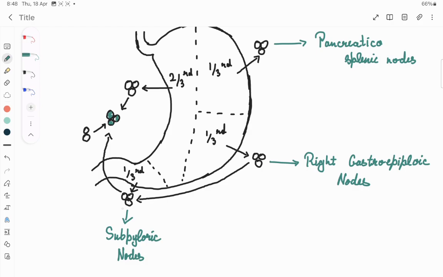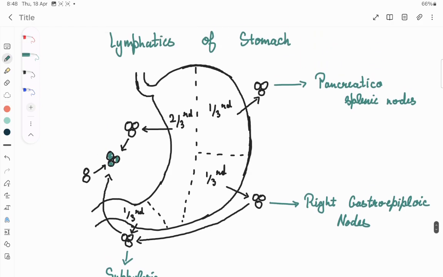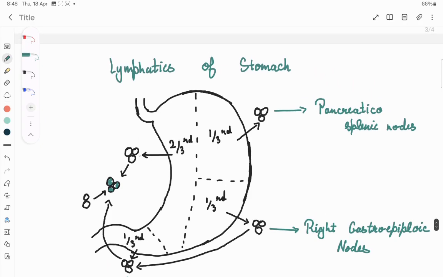They are present between the second and third part of the duodenum. And we have the left gastric nodes.